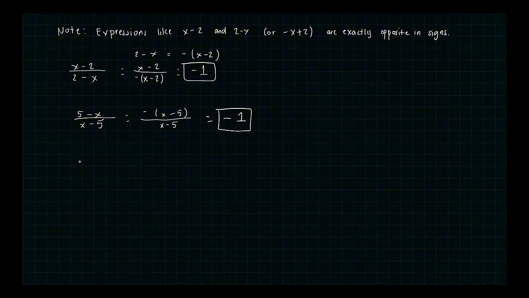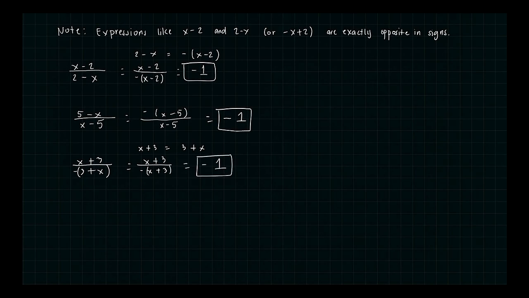For example number 3, we have x plus 3 over negative 3 plus x. Note that x plus 3 is equal to 3 plus x. So we have x plus 3 over negative (x plus 3), which is equal to negative 1.